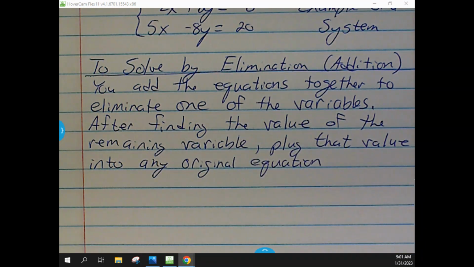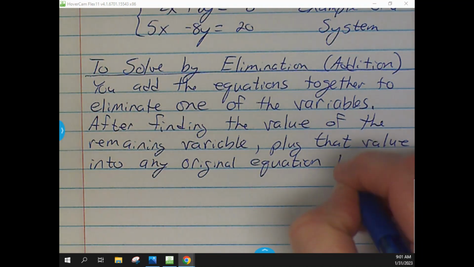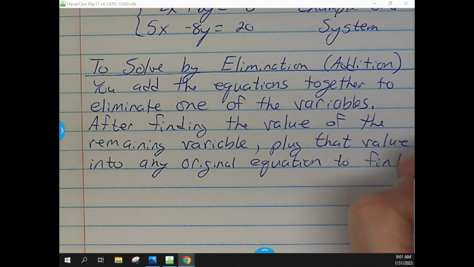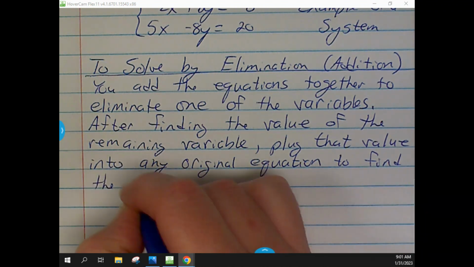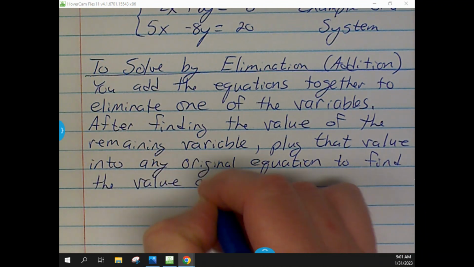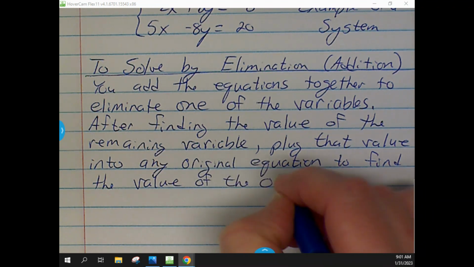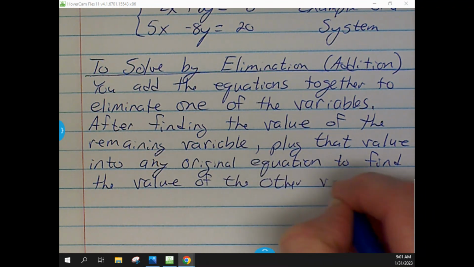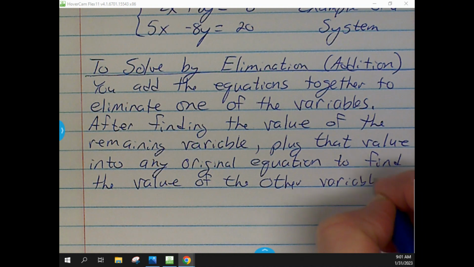So plug that value into any original equation to find the value of the other variable.